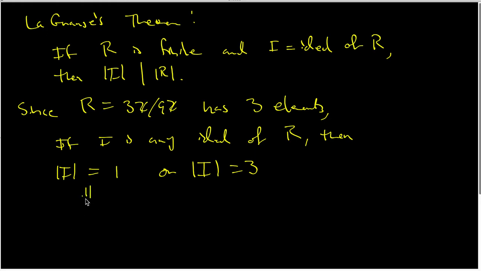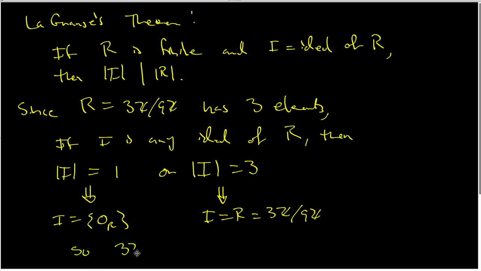Well, if I only has 1 element, then I is just the 0 divisor. And if I has 3 elements, I is the whole ring. And so that says 3z mod 9z has no non-trivial ideals.